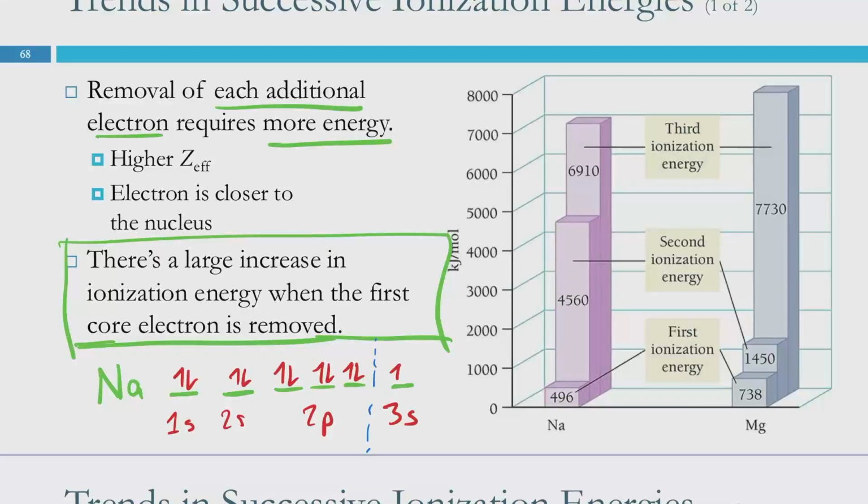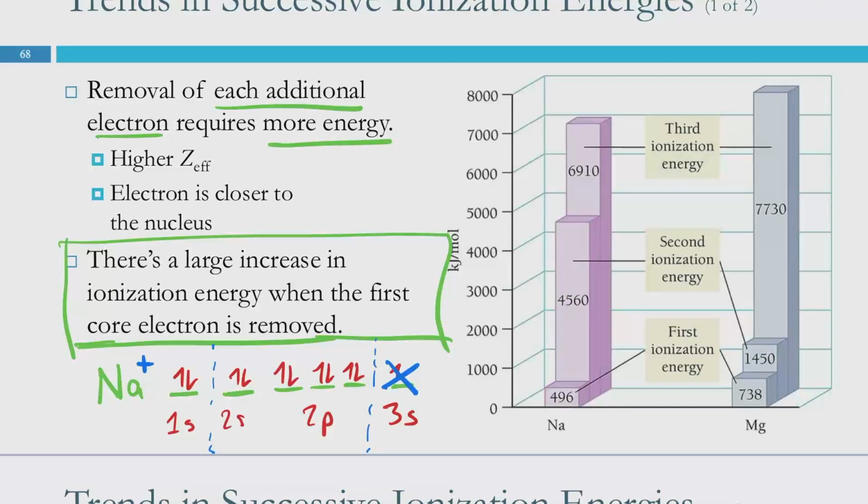Every time the principal quantum number changes, we're adding on another shell. So for this 3s electron, we're just tearing one electron out of the shell. There's nothing special about it. And when we do that, now it's sodium plus. Notice that we've got a full shell inside of that. That's the noble gas configuration that I've been talking about. So we've got this full and complete shell. Everything's paired up, up and down.